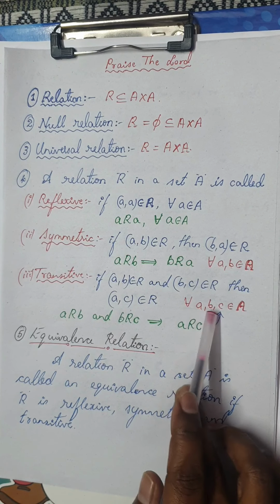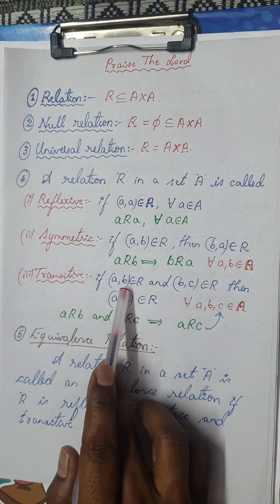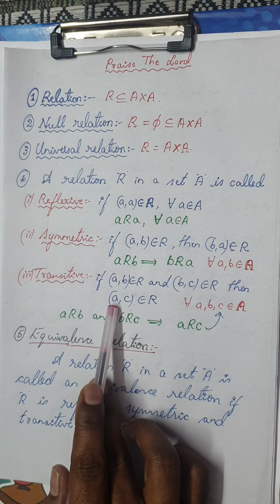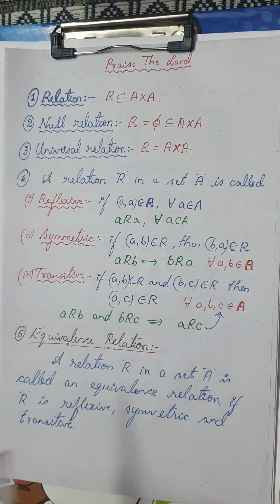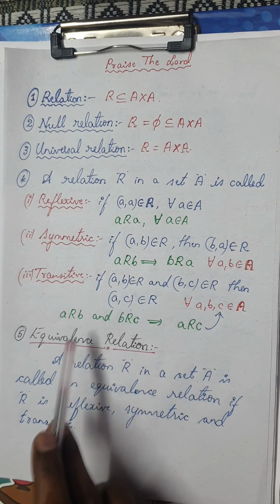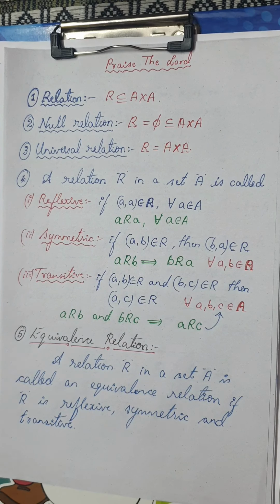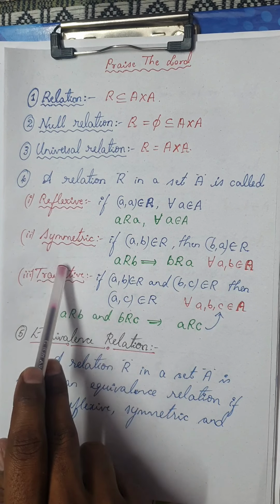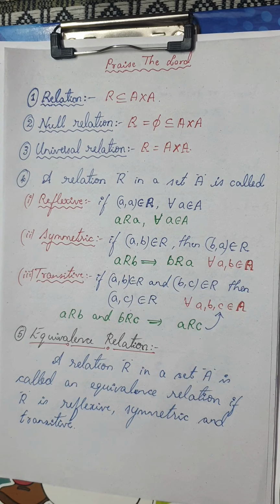If you take 3 elements a, b and c from the set, such that (a, b) belongs to R and (b, c) belongs to R, then we must have (a, c) belongs to R. It means a to b, b to c should give me a to c in the relation. These 3 are basic relations on which we are going to see problems. Sometimes he will directly say, check whether the given relation is an equivalence relation.